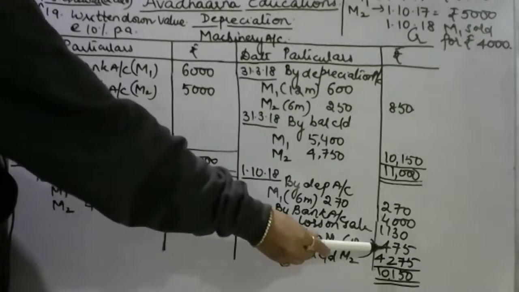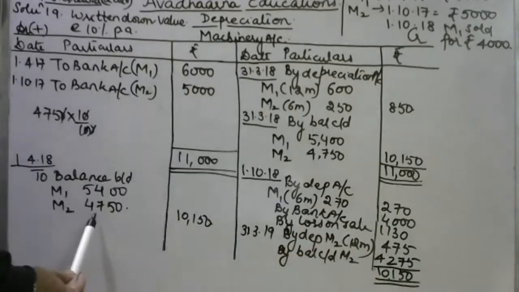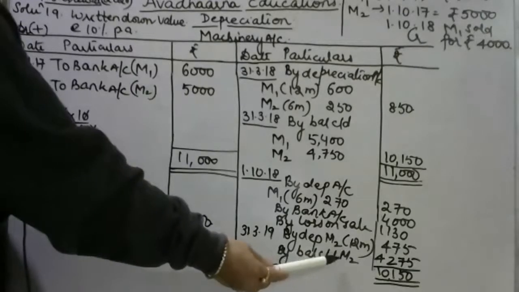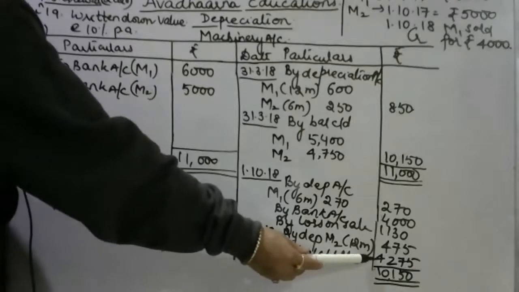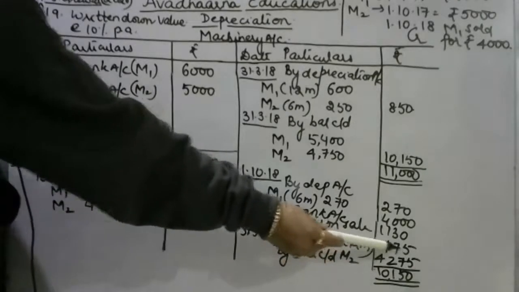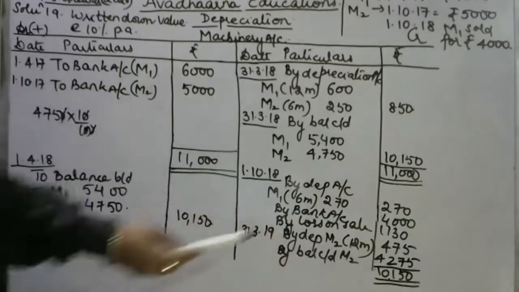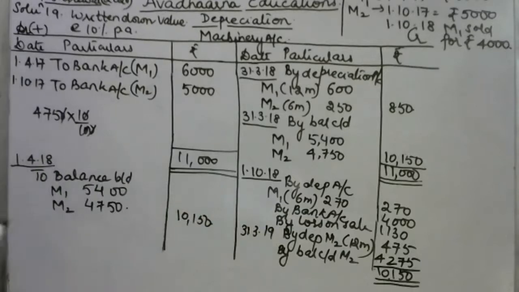Then if we subtract 475 from the balance of the second machinery, that is 4,750, we will get the balance closed down of M2, which is 4,275. Fine. And then when we total up this account, the credit side total is 10,150 and same is the total on the debit side, that is 10,150.